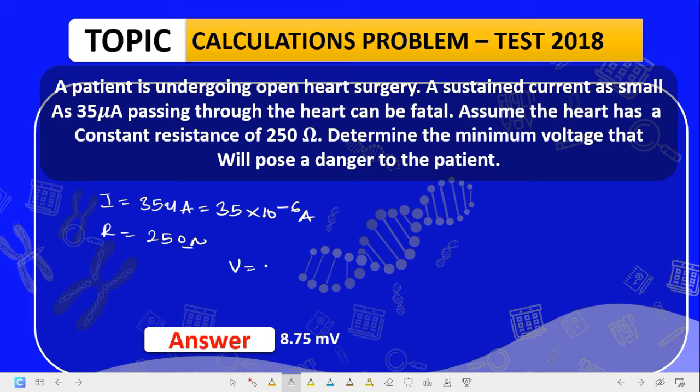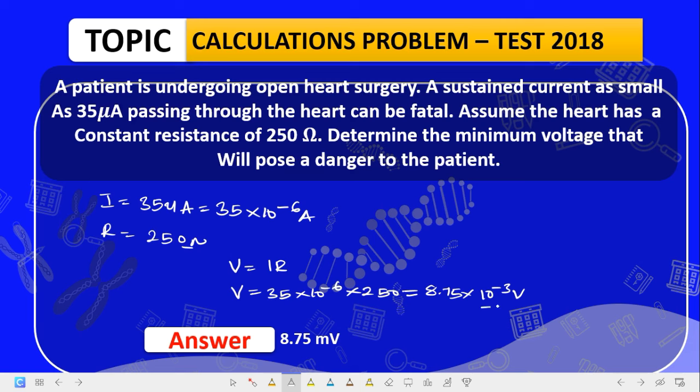Now, voltage is equal to IR, where I is your current and R is your resistance. So our V is equal to the current, 35 times 10 raised to the power of minus 6, times R, which is 250. When you multiply them, it will give you 8.75 times 10 raised to the power of minus 3 volt.